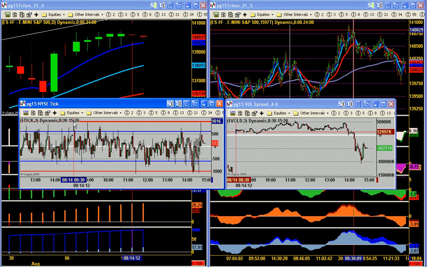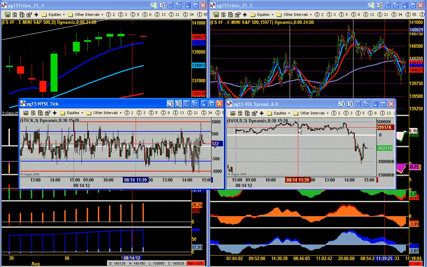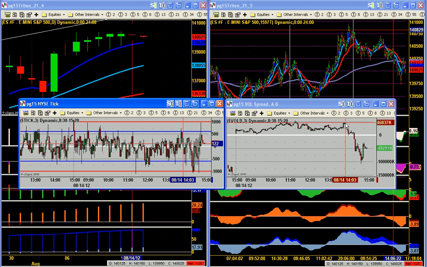As the plus 1,000 reading happens, this opens up, but it doesn't continue. It goes sideways. A little bit up, back down, sideways, a little bit up, and then about 2 o'clock, whatever sell programs came in, this went from plus 300 on the S&P to minus 400 before it started recovering.